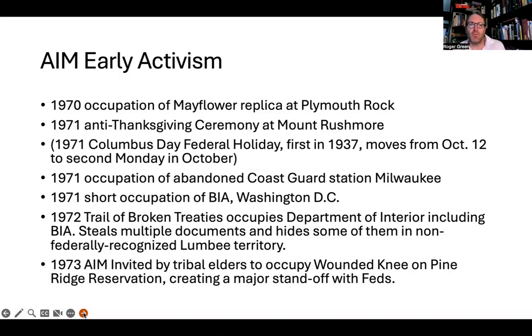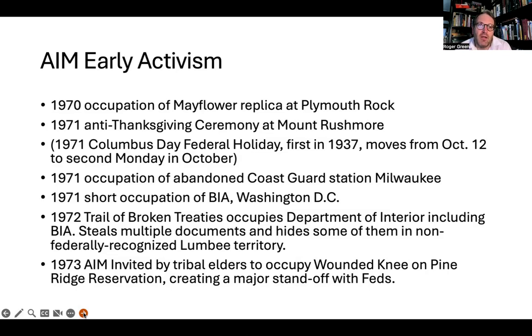Then some more early AIM activism. We see in 1970 an occupation of the Mayflower replica at Plymouth Rock. In 1971, there's an anti-Thanksgiving ceremony at Mount Rushmore. Also in 1971, against Columbus Day, which is a federal holiday, still a federal holiday, but we've removed it from the state of Colorado where it started.